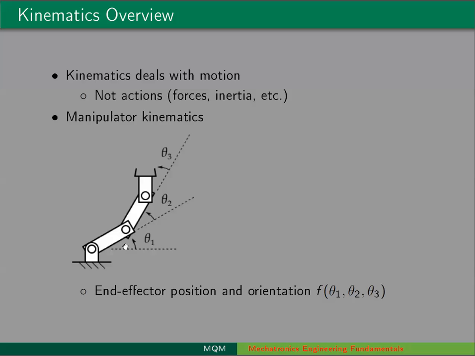Now, it's a nonlinear equation, this function relating the x, y, theta, the position and orientation of the end effector, has a nonlinear relationship to the joint angles, but it's straightforward to calculate because it's geometry and we know exactly the position and orientation given the joint angles.